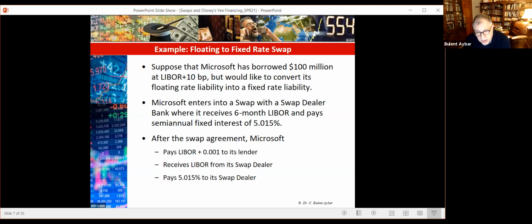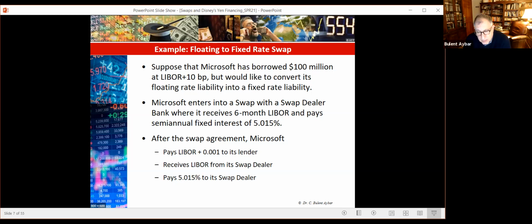So in this particular example, Microsoft wants to switch from floating to fixed payment. Therefore, it is going to receive a floating payment from the swap dealer in exchange for a fixed payment that it is going to make to the swap dealer. Microsoft's original loan requires a semi-annual interest payment of LIBOR plus 10 basis points.